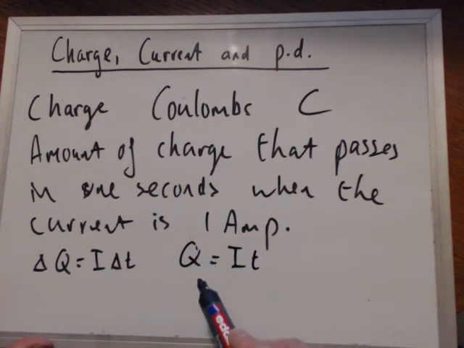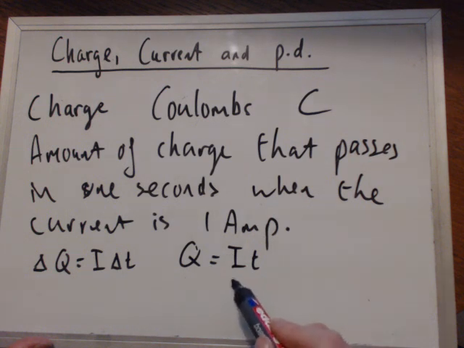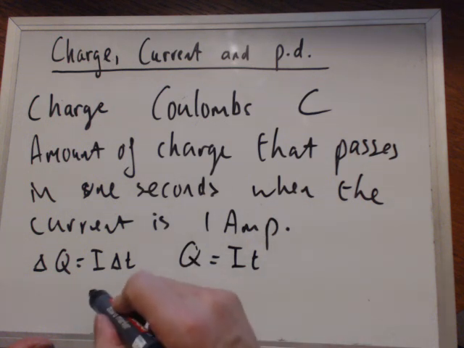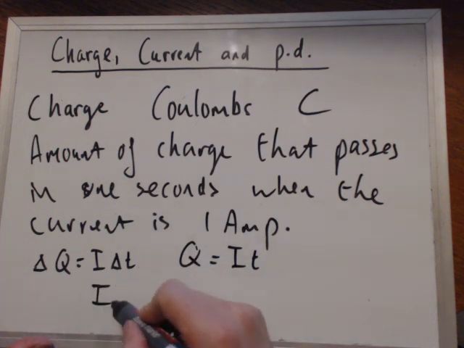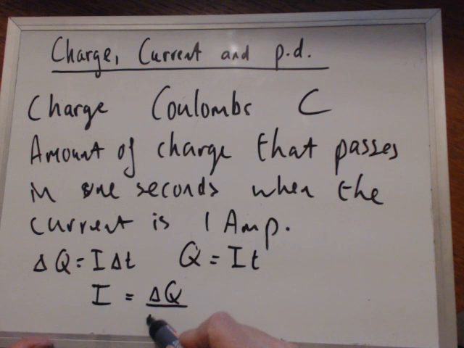Although Q is the letter for charge, it is measured in coulombs, C, which can be a bit confusing. You can also say that the current is equal to the rate of flow of charge, which is change in Q over change in time.